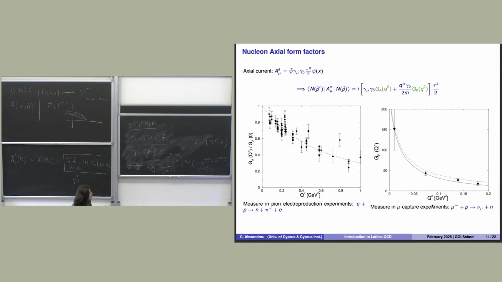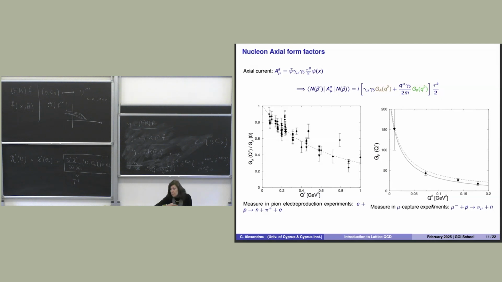And the technique is the same. If I compute the electromagnetic matrix element, I can compute the nuclear matrix element of the axial current. The technique is exactly the same on the lattice. And I can do it for any current insertion, right? I told you, if I use this sequential fixed thing, I can put any current I want.